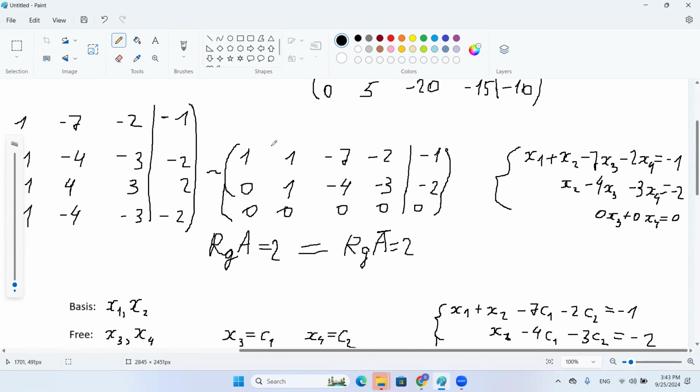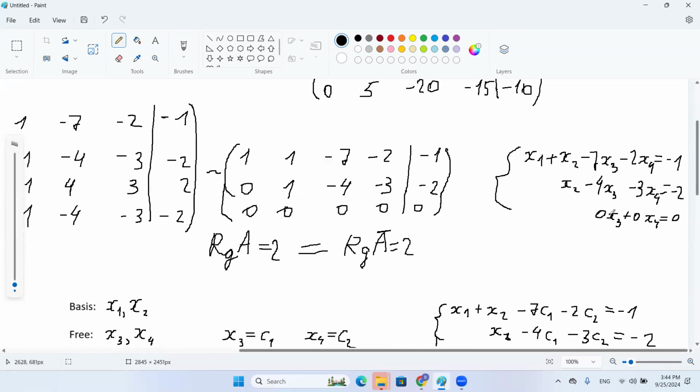So actually the basis and free variables are determined by the rank. If the rank of the matrix is 2, then the basis variables are 1 and 2. By completing our system with one more equation, we can see that it really does not depend.